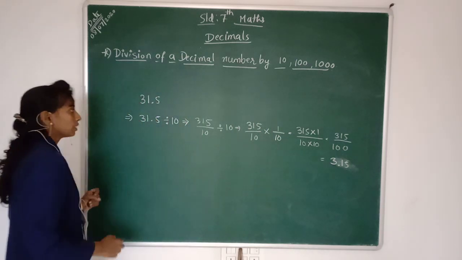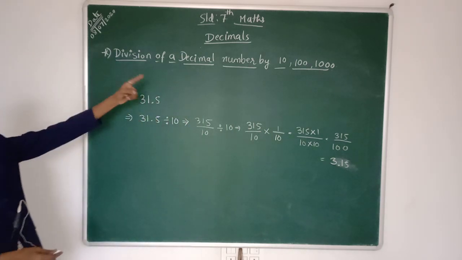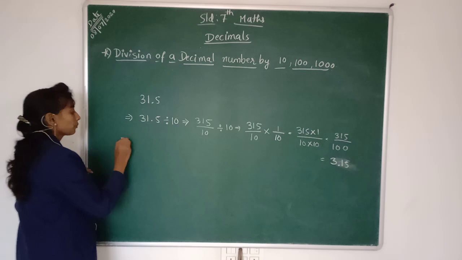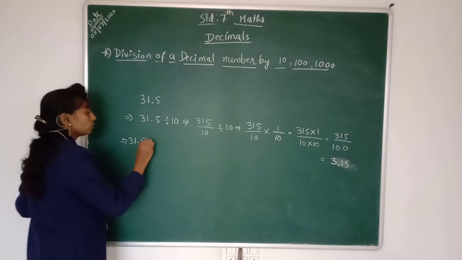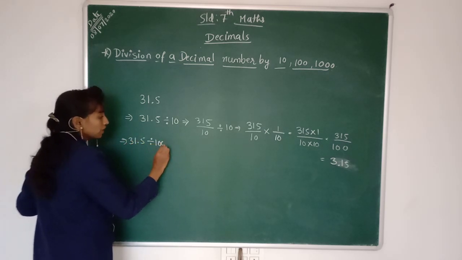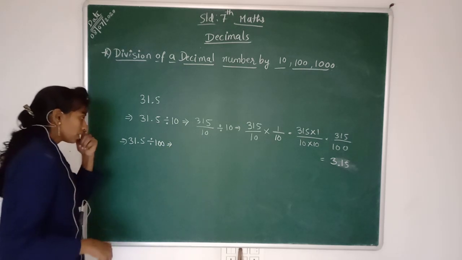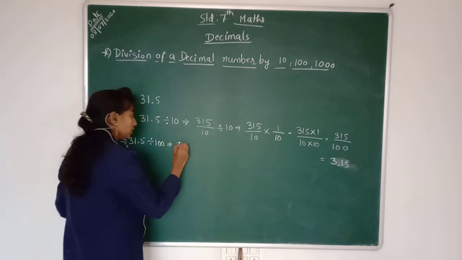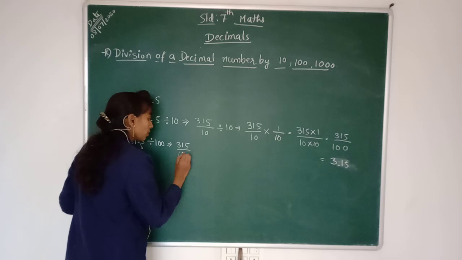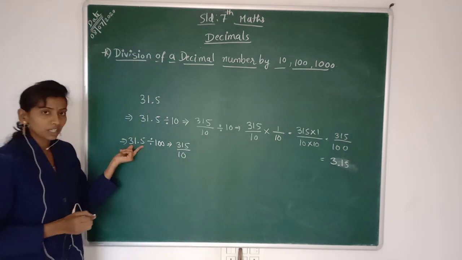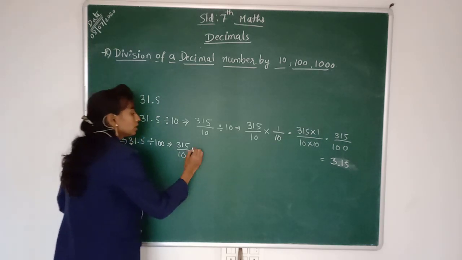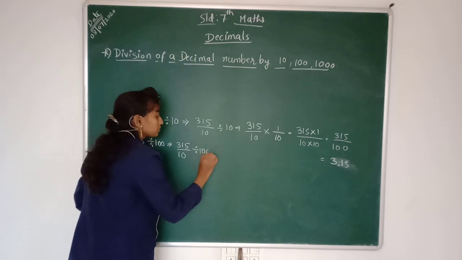Again, the same number I am going to divide by 100, that is 31.5 divided by 100. What will happen, we will see now. First we write the decimal number in fraction form, that is 315 divided by 10, divided by 100.